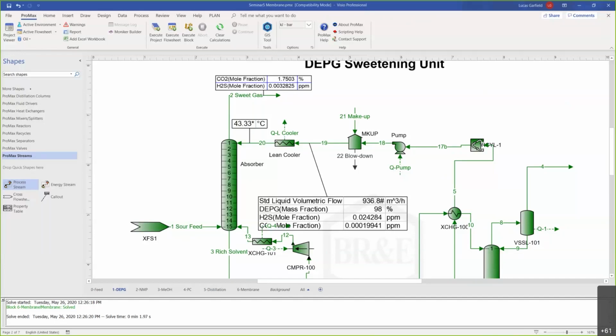Tomasz has a question. Do you compare the actual results versus calculated results using membrane simulation in ProMax? So the trick with membrane is that you have to know the permeability. Honestly, if you go to a membrane vendor and you ask them what the permeabilities of the membrane are, they're probably not going to tell you.